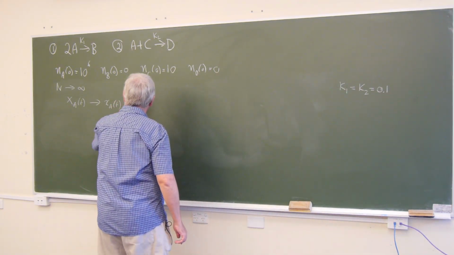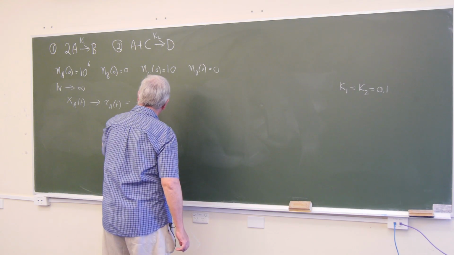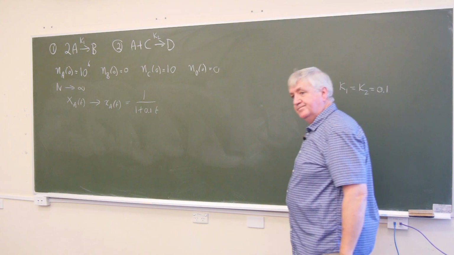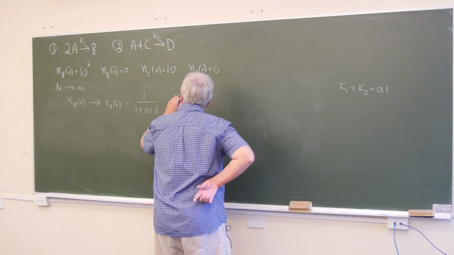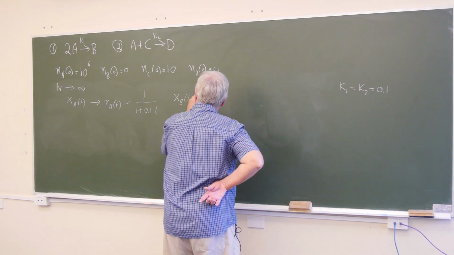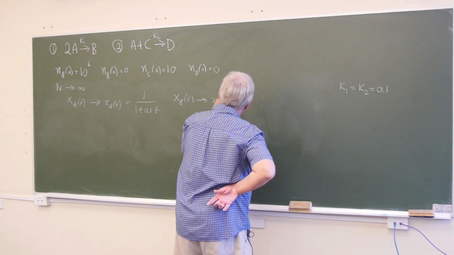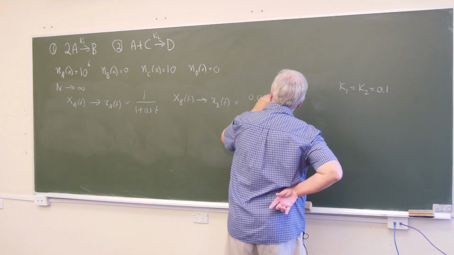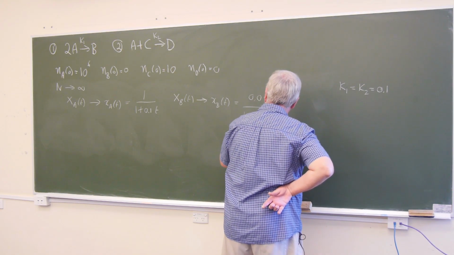It's equal to 1 over 1 plus 0.1 times t. Purely deterministic. XB, on the other hand, converges to xB of t, also purely deterministic. That's 0.05 t over 0.1 t.